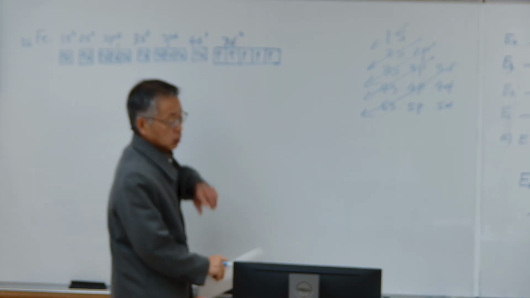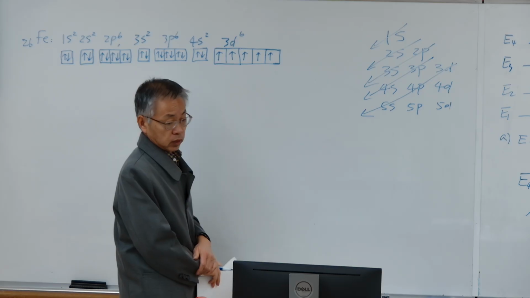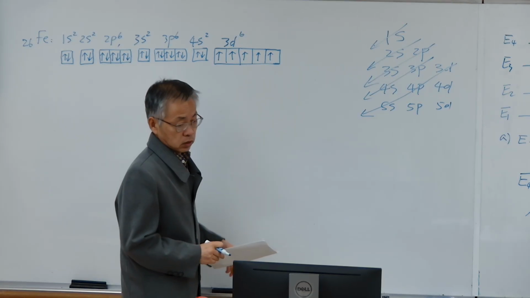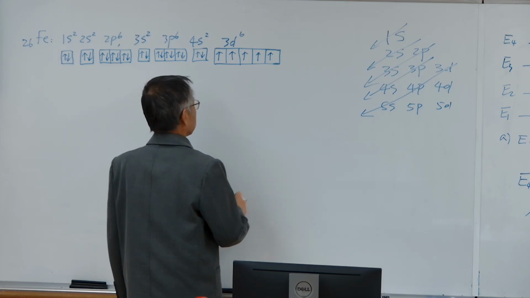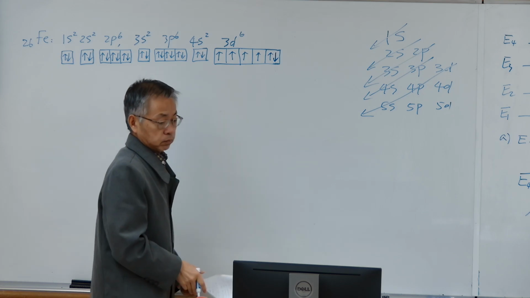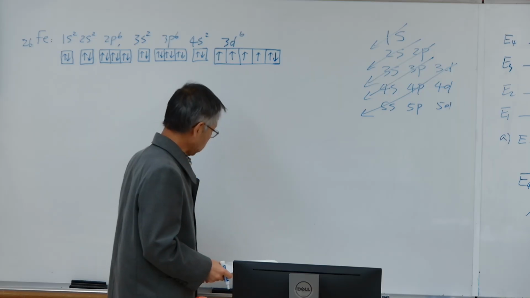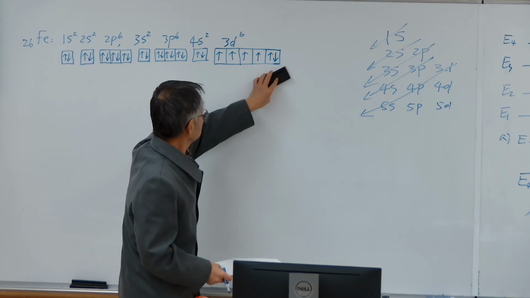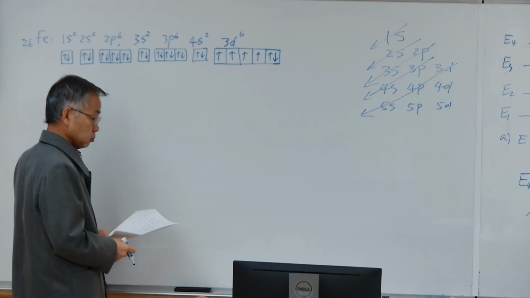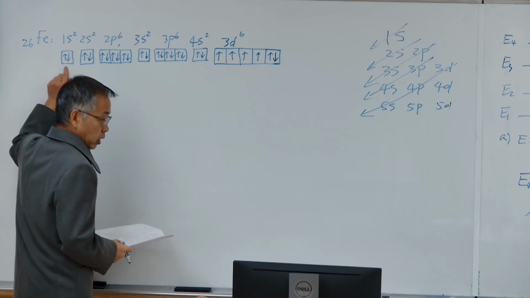Then the last one, 3d6: we have one more electron that you can place into any one of these 5 orbitals, but it must be in the opposite spin direction with the first one. Okay, this is the iron electron configuration and orbital diagram.